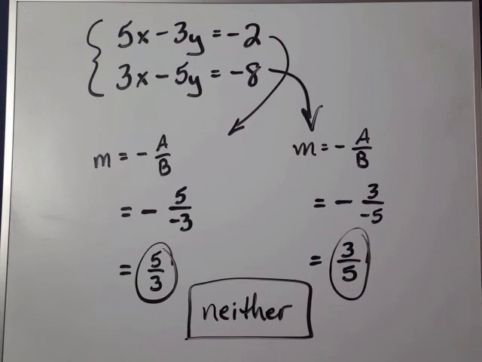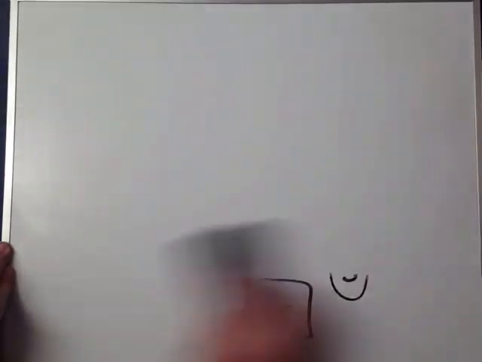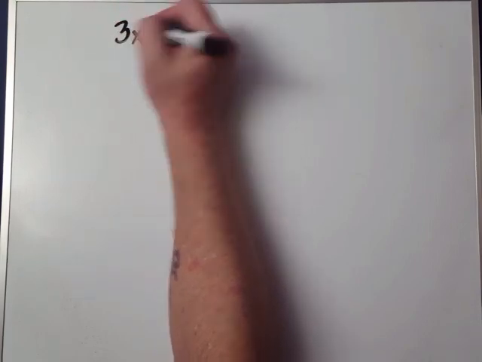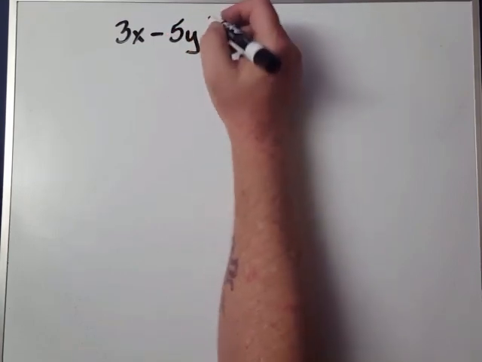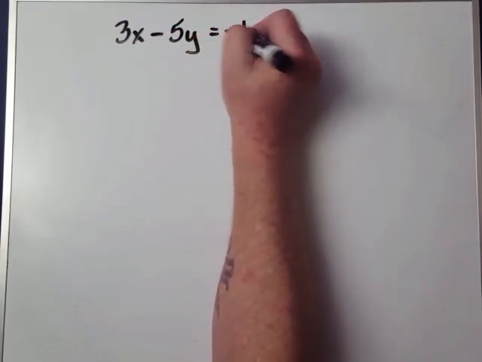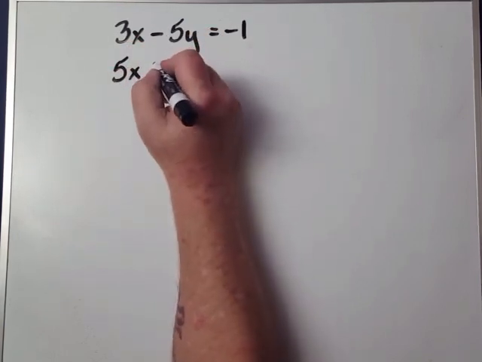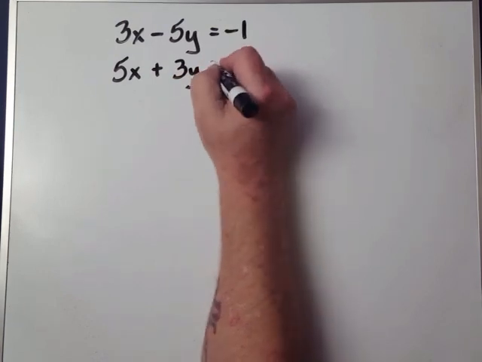So let's do one more. Number 74. This would be a good one for you to try on your own. Once we get this written up here, you can pause the video, give this a try, and then come back and we will compare answers.